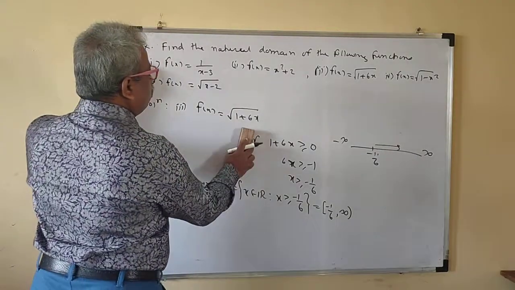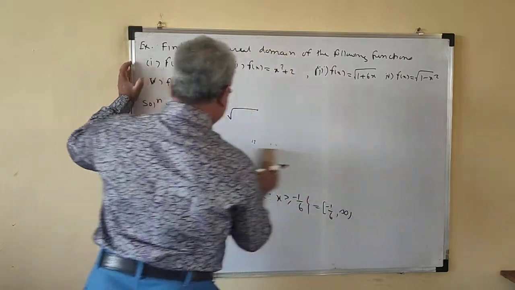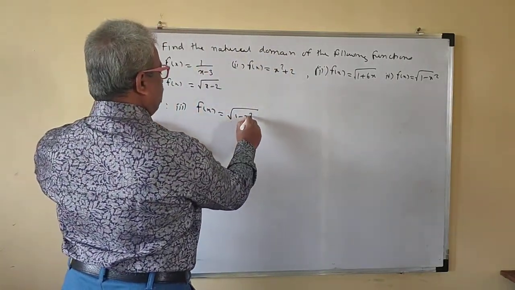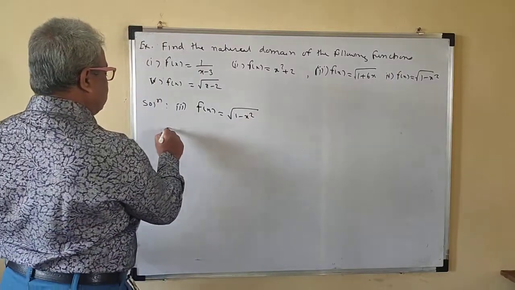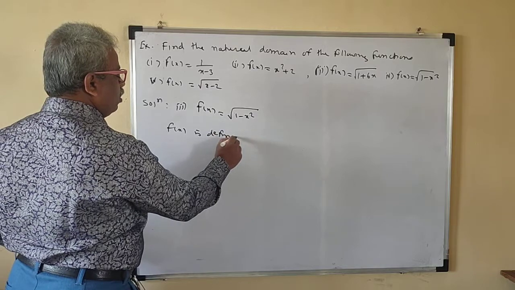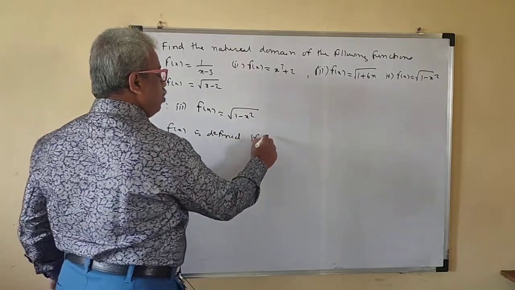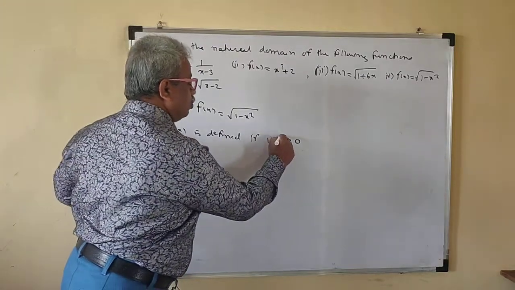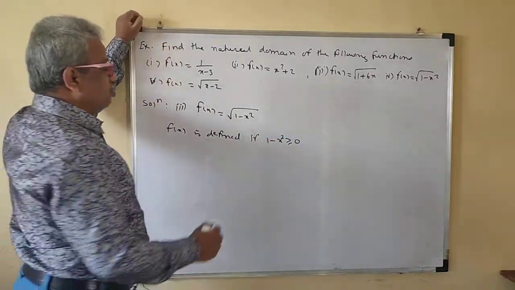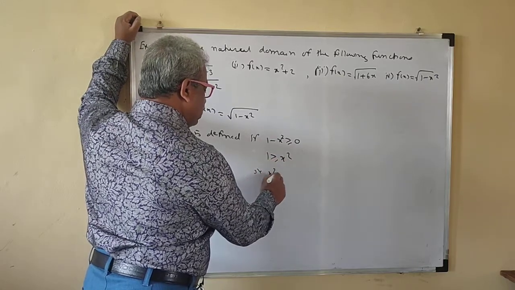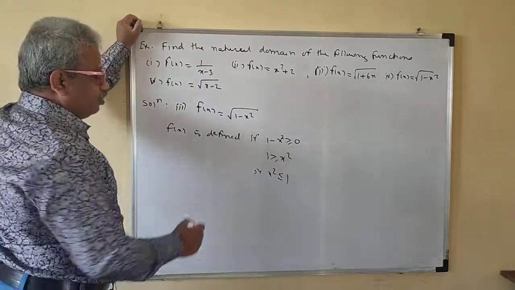f of x is equal to root of 1 minus x square. Again f of x is defined if 1 minus x square is greater than or equal to 0. So 1 is greater than or equal to x square, that is, x square is less than or equal to 1. So what does this imply?